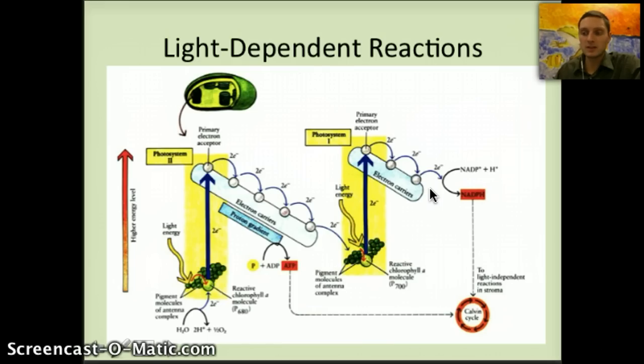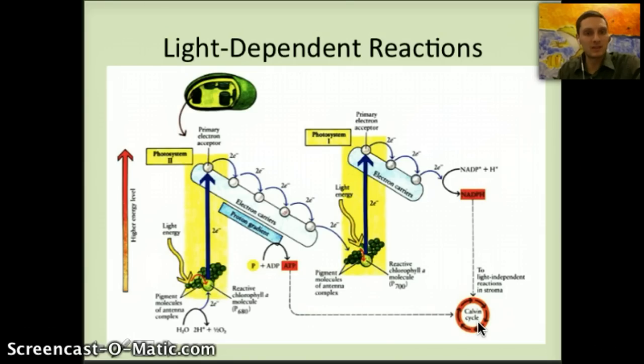During this process, the enzyme NADP+ reductase reduces NADP+ to form NADPH. That is a molecule that's very similar to NADH, and is a highly reactive molecule that's going to be used in the Calvin cycle. So the whole process of these light-dependent reactions is the production of ATP and NADPH that are going to be used in the Calvin cycle in order to drive that process.